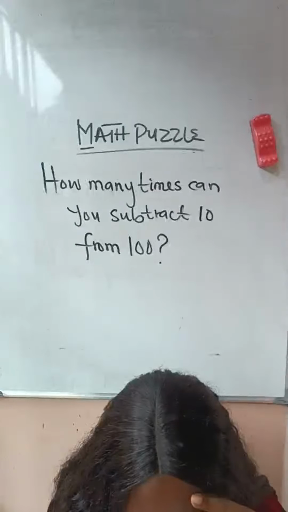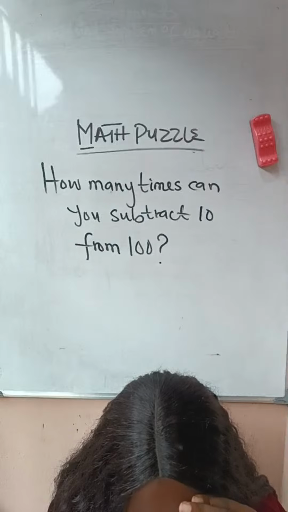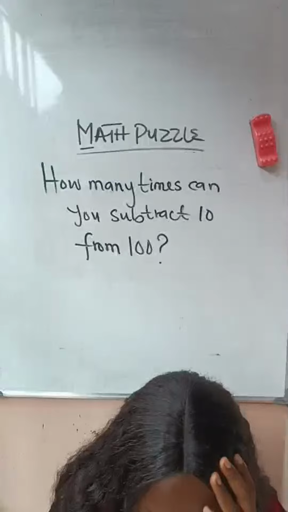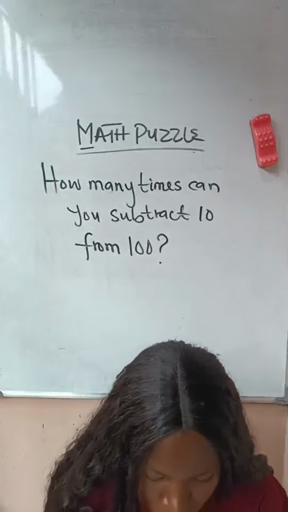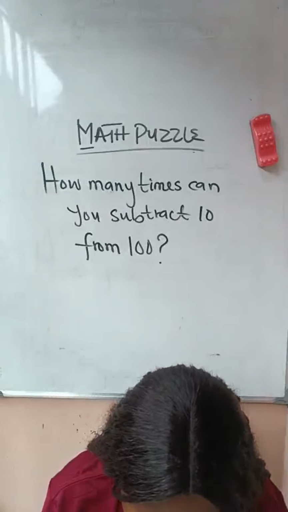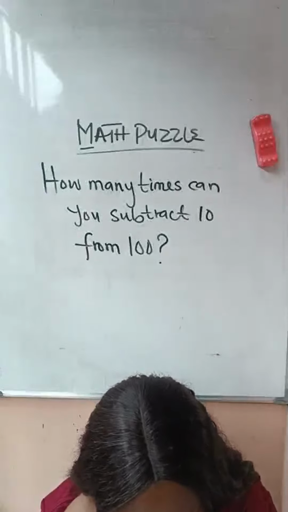So we have Citizen says once. Let's go, friends. How many times can you subtract 10 from 100? These are most math puzzles, interesting ones at that. Sheep is saying 50.